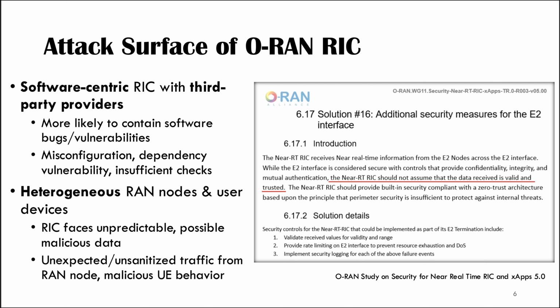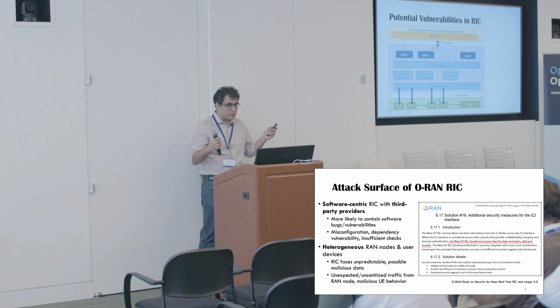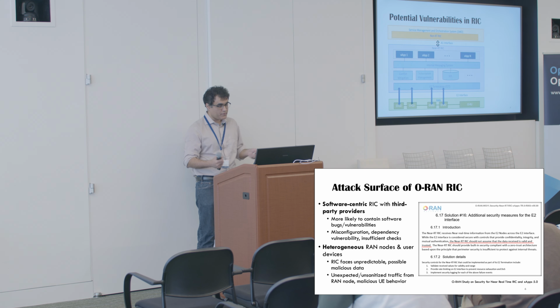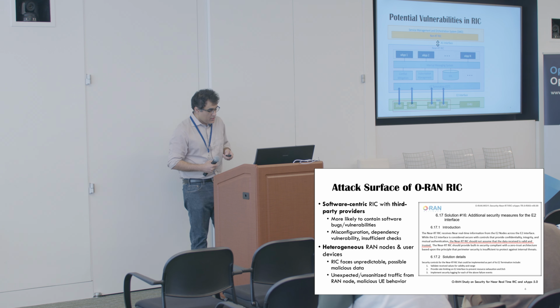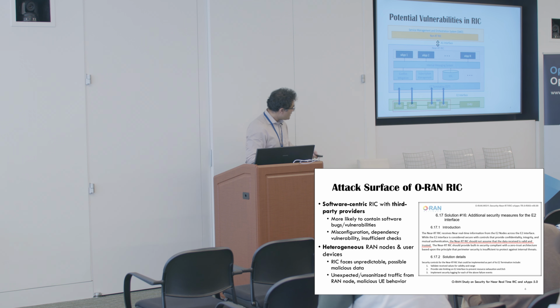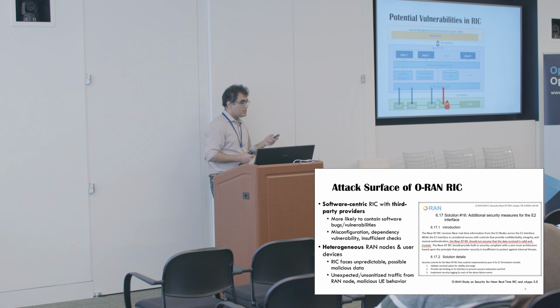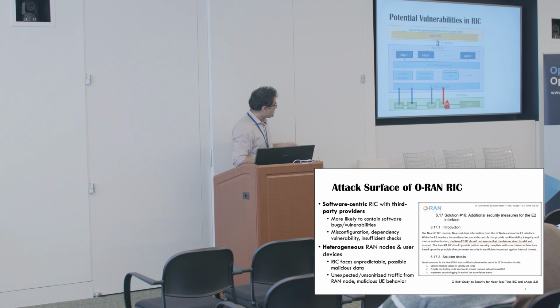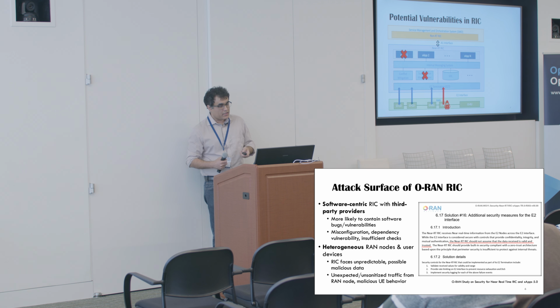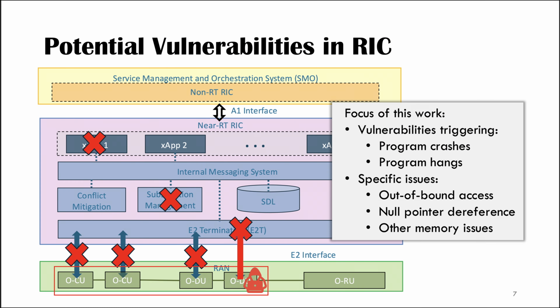So, what can go wrong if inputs are malicious, or even some weird inputs are generated because of weird network operations in the RAN? Let us assume that at the bottom there are many components, and one component may be compromised, which can trigger some unwanted input that goes through E2T, and is routed to subscription management, and eventually goes to the xApps.